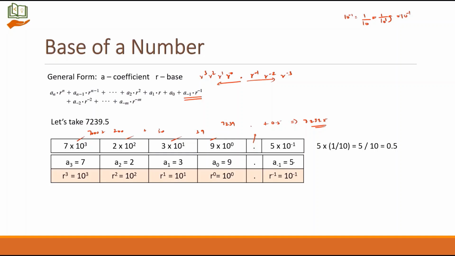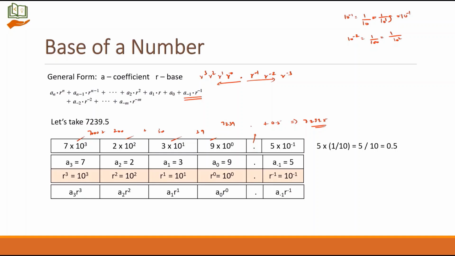So this is equal to 5 and the corresponding base power will be 10 to the power minus 1, which is equal to 1 by 10. When we have 10 to the power minus 2, this becomes 1 by 100. The other way we can represent it is 10 to the power 2 in the denominator. Now we are writing it again in the format along with the decimal notation.